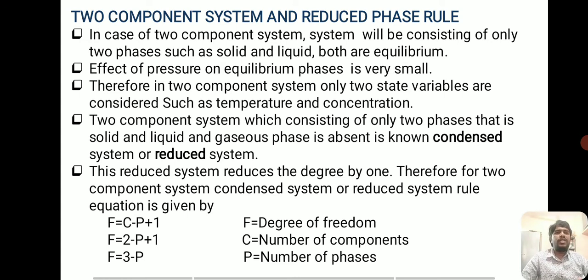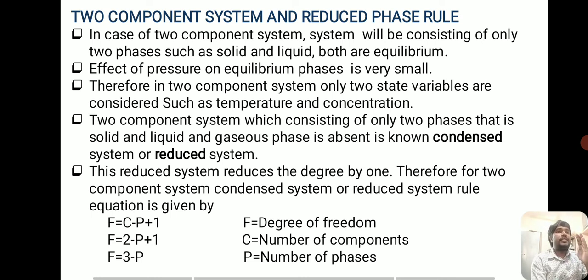Whatever we have discussed so far is about the one component system. Now let us see the two component system. A two component system consists of only two phases, such as solid and liquid, which are in equilibrium. Here the gaseous phase is absent because the effect of pressure on equilibrium phases is very small.